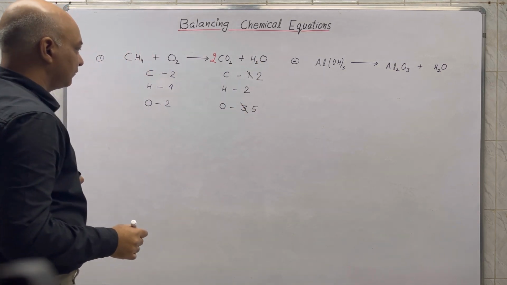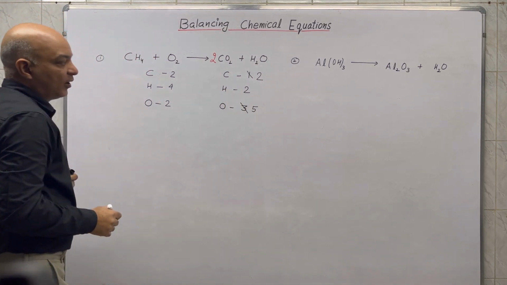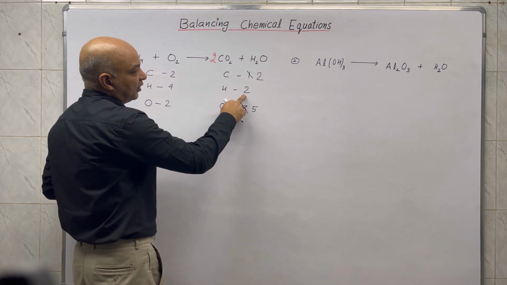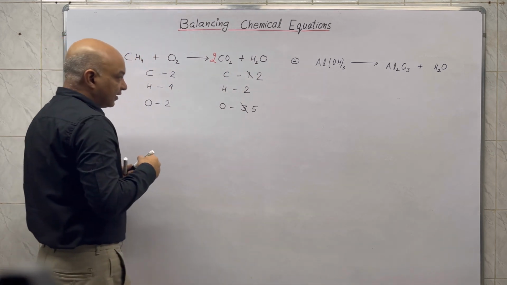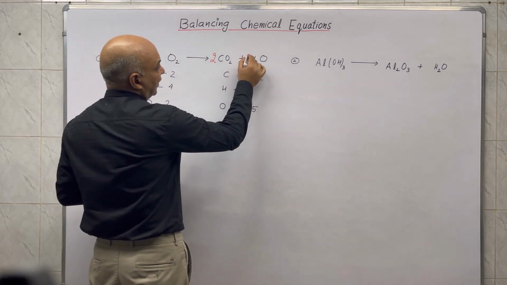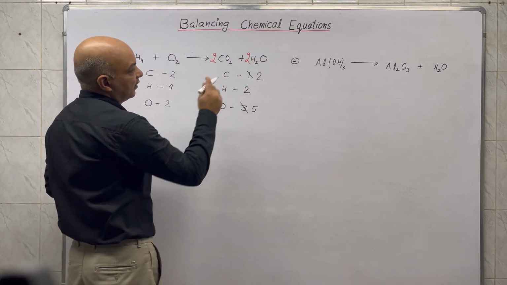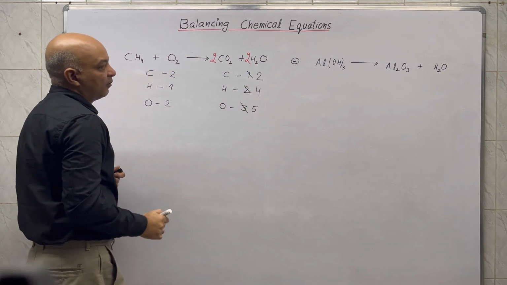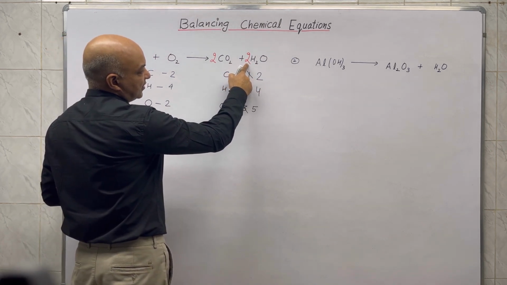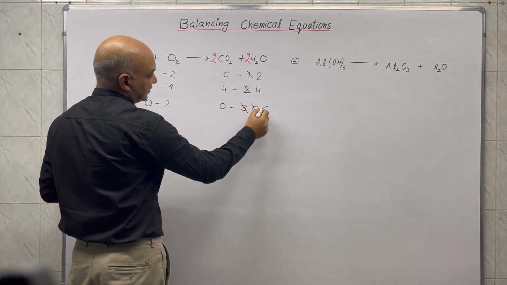Now, next let us take hydrogen. So, hydrogen is 2. If I want to make it 4, I will multiply a 2 here. This will make hydrogen as 2 into 2, 4. But again, oxygen changes to 2 plus 4, 6.